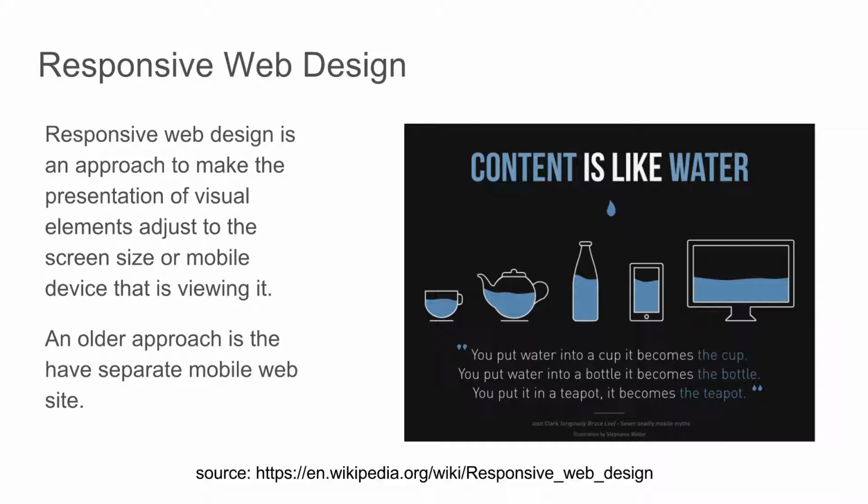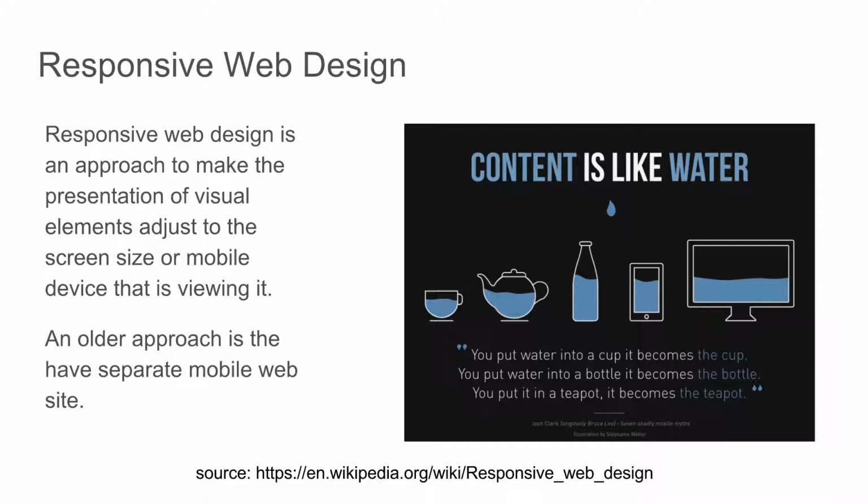Okay, and I think we went over this, but just a little overview about responsive design. Basically, it's an approach to make the visual elements on the page adjust to various widths. Those widths correspond to various devices that people are using: iPad, iPhone, Samsung phones. They all have different widths.